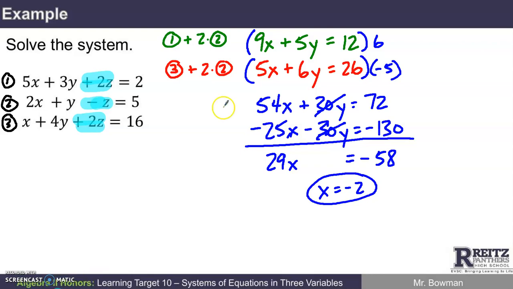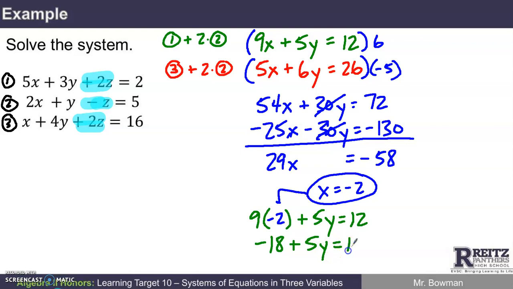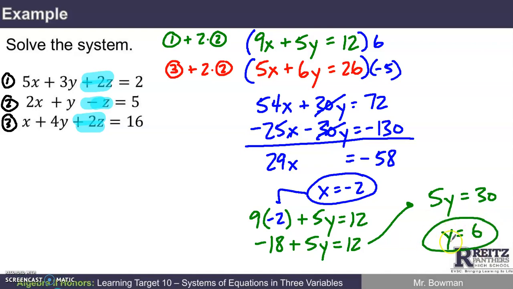So now I'll take maybe this equation here, and I'll say, well, if 9 times x plus 5 times y is 12, but wait, I know that x is -2, then I've got -18 plus 5y equals 12. If I add 18 to both sides of that equation, I'm going to get 5y equals 30. And if 5y is 30, y is 6.